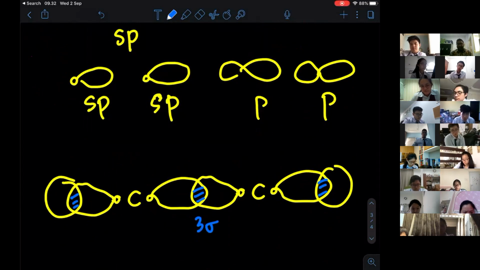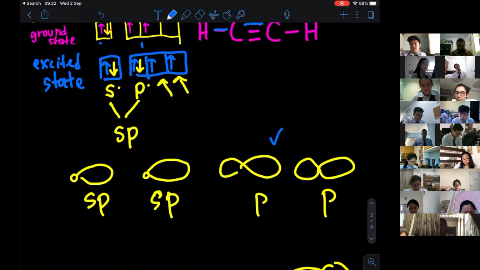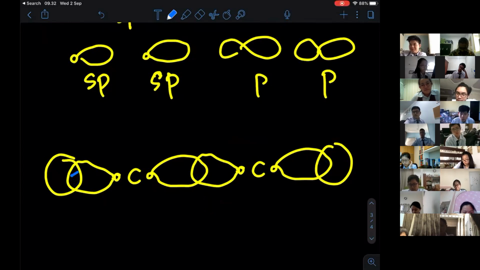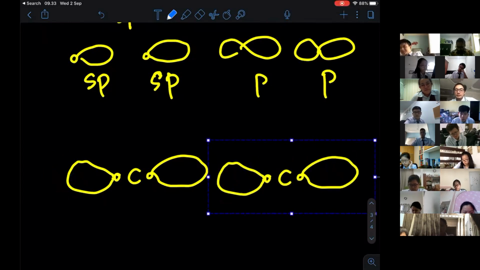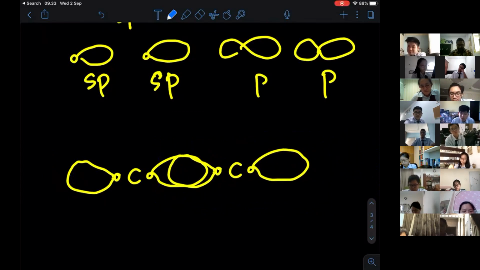Then do not forget that we also have this and this. Now to show this is going to be quite difficult, so let me redraw this again, maybe a little bit nearer.